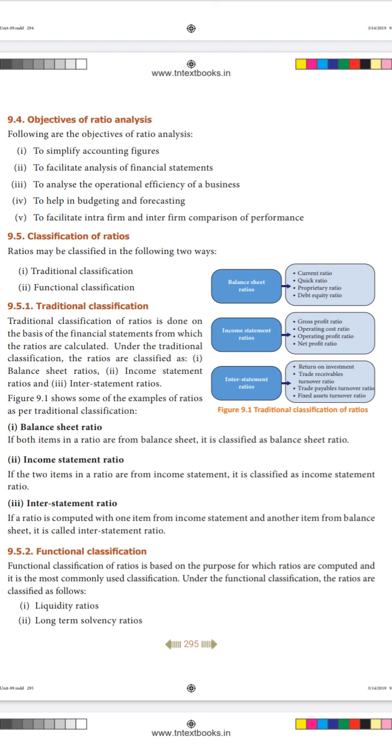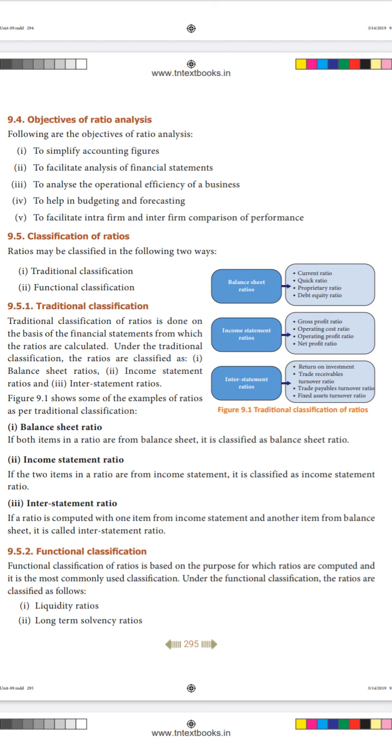The name itself says income statement, which means when both the accounts are from the income statement, we call it income statement ratio. The third one is interstatement ratio. Interstatement is where one account will be in the income statement and the other in the balance sheet. In that case, we call it interstatement ratios.